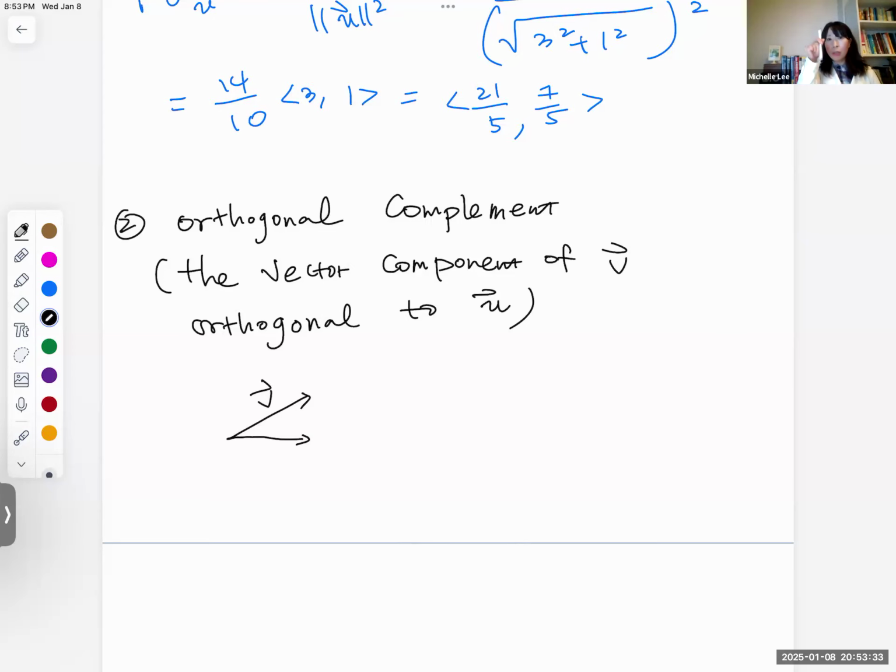Now we talk about the projection. So I'm standing here and projecting onto U, right? Make sense? So there will be a projection. Then we say that, oh, this is the U, right?